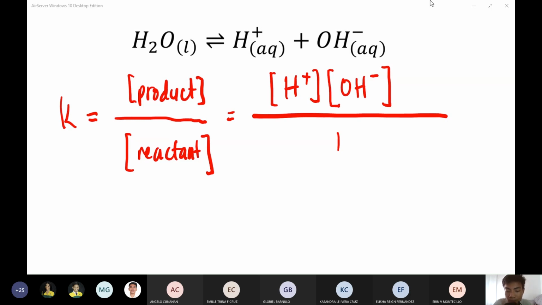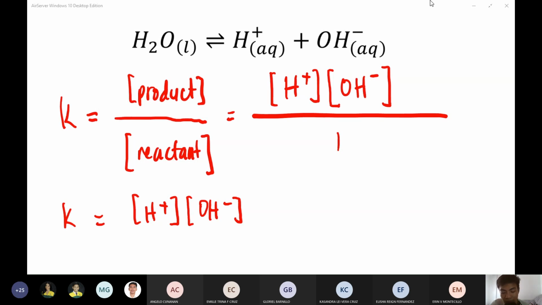That means overall, the K expression for the dissociation of water can be written as the H plus concentration times the OH minus concentration. That is the equilibrium constant expression.